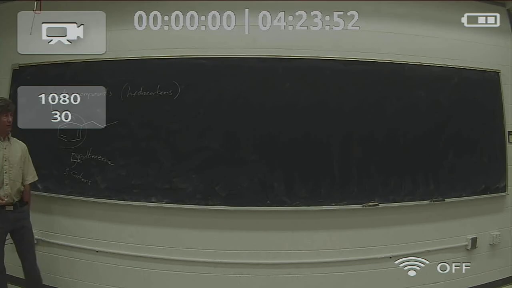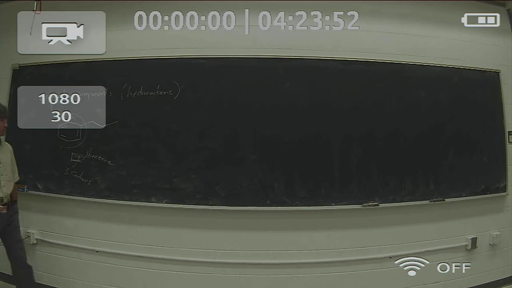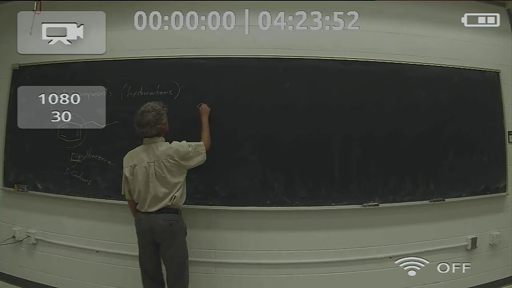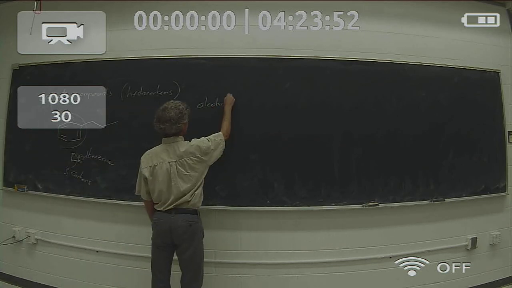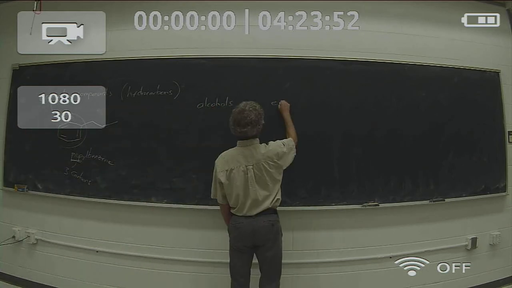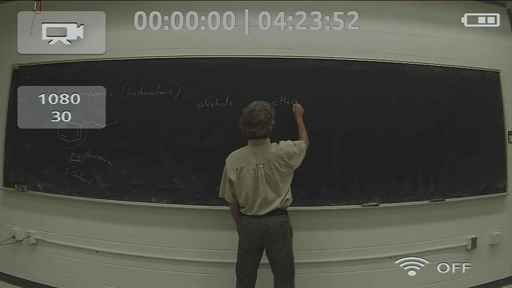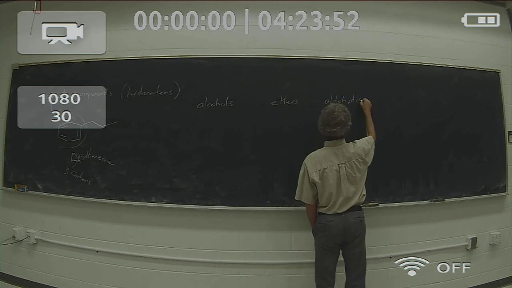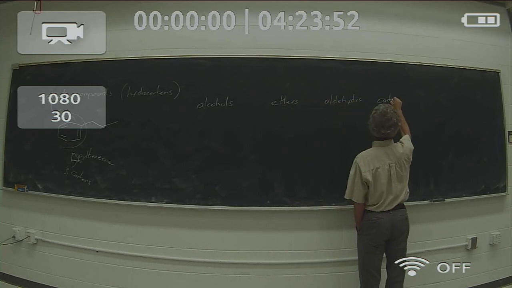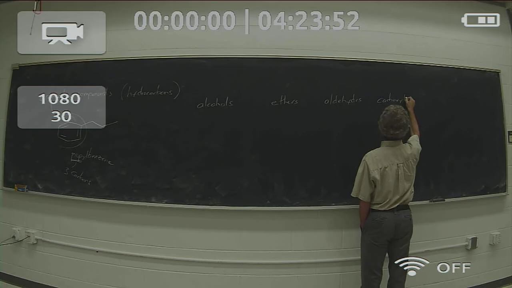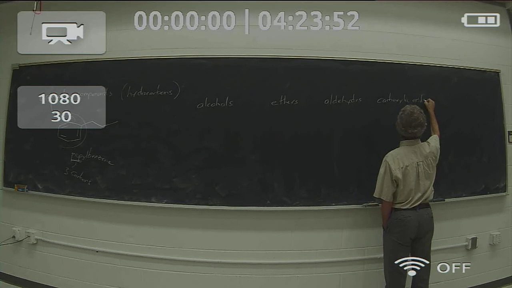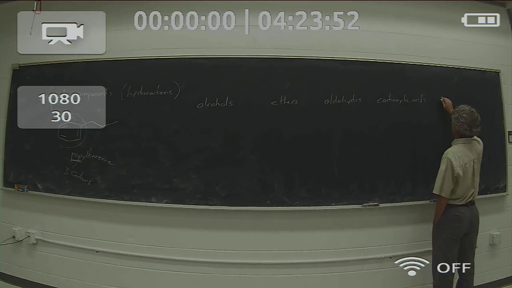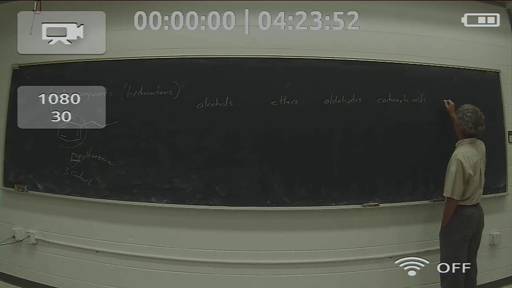There are a large number of functional groups that involve oxygen. Alcohols, ethers, aldehyde, which we already saw, carboxylic acid, and esters.